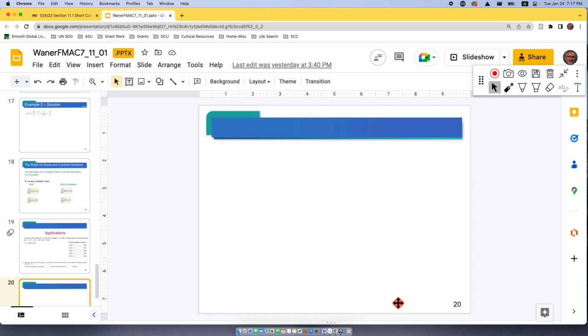Let's see. You could do 5.0 e to the negative 2, because that's showing, but you've got two significant figures.